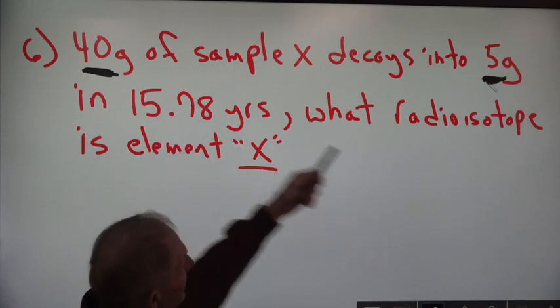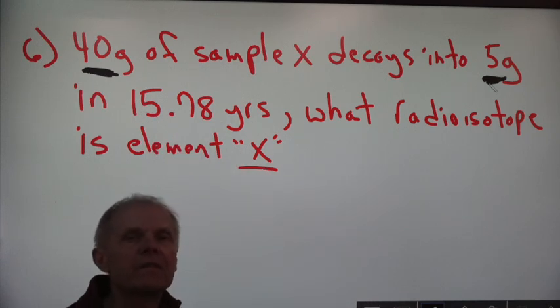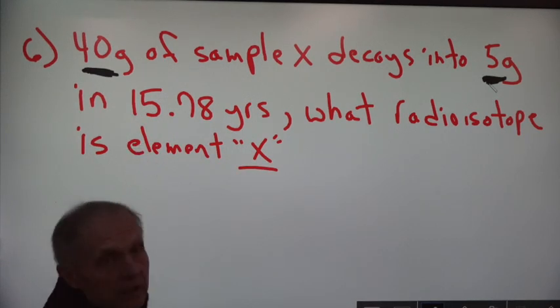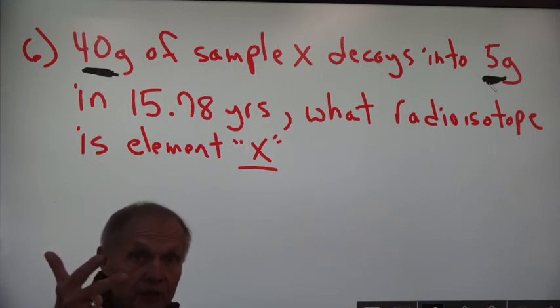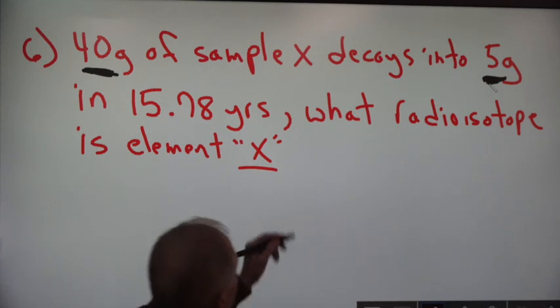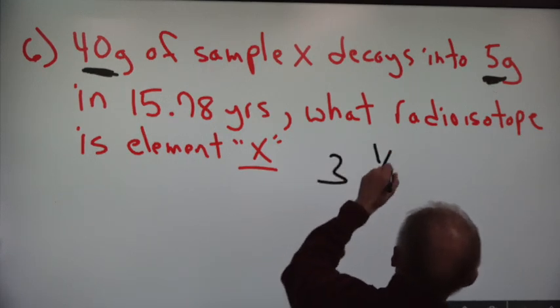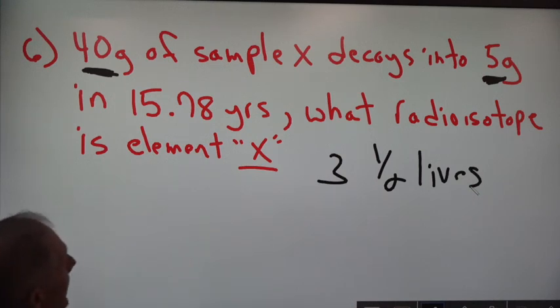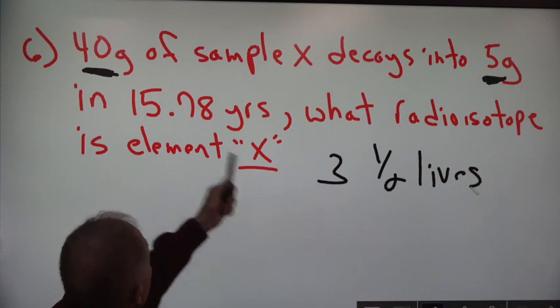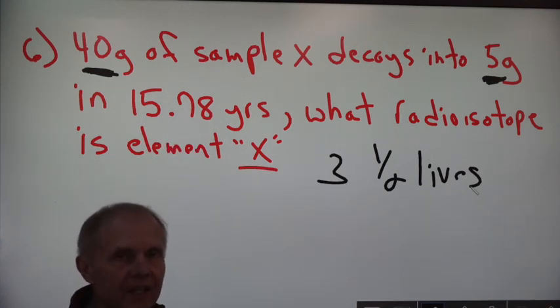How do we go from 40 to 5? The first half-life knocks 40 down to 20, then 10, then 5. So we know that this thing has 3 half-lives, and we know that for 3 half-lives, it took 15.78 years.